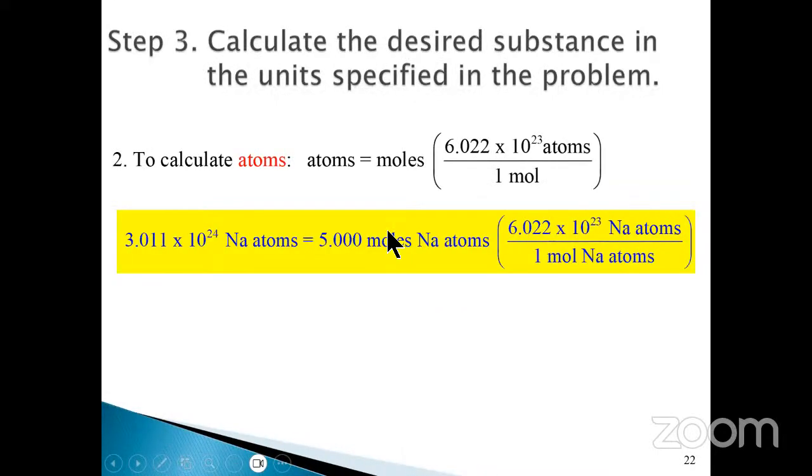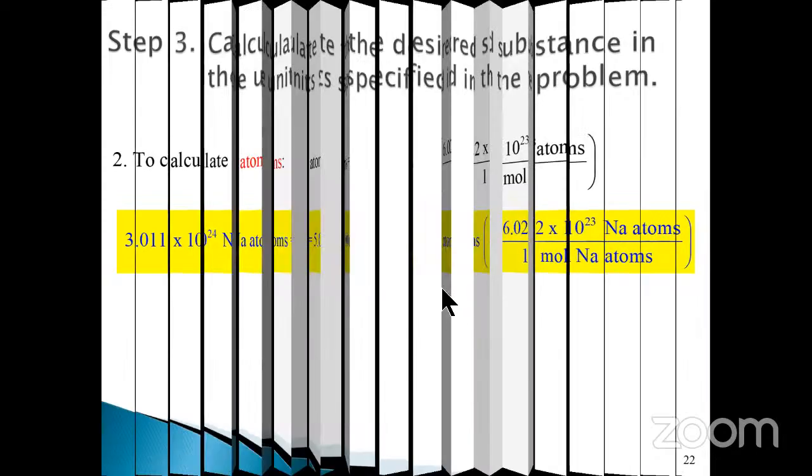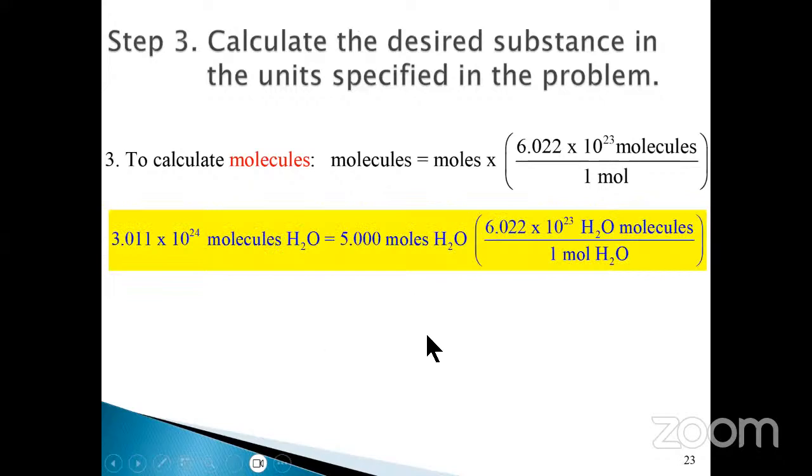In some cases, you might be asked for something like the number of atoms or molecules, in which case you need to multiply the moles of the particular substance by Avogadro's number, all right, as you can see in this example right here. In some cases, you may be asked to convert from moles to molecules, which again would involve Avogadro's number, as you can see in this particular example right here.